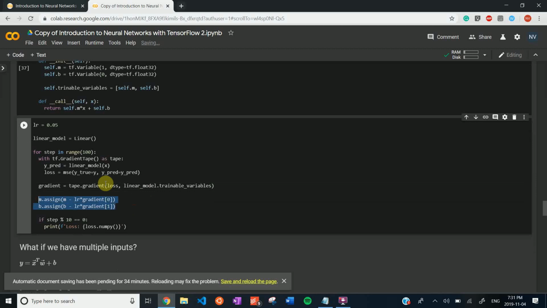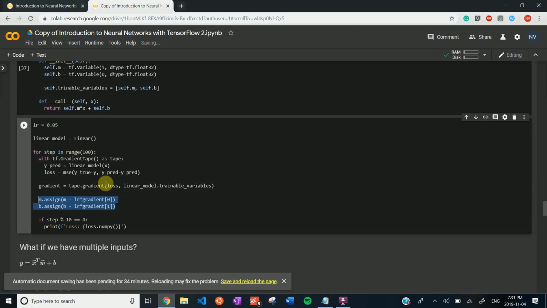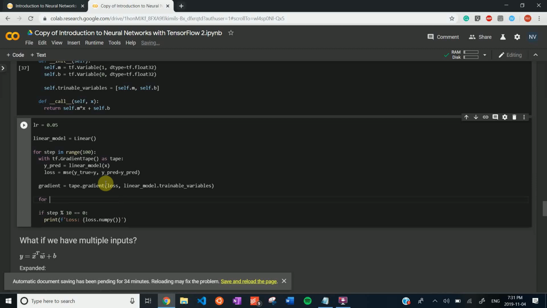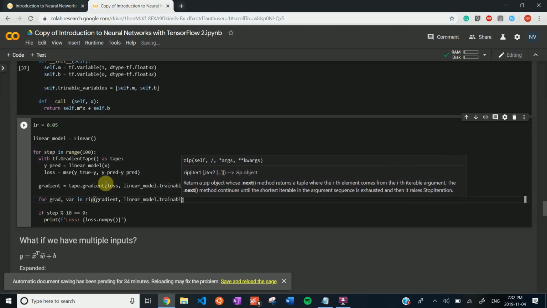Yeah, let's also take care of this. So we can also do the following. So basically, we're going to apply the gradient to each respective variable. And so we can just take the gradient and the variable. So we have the gradient here. Variables.